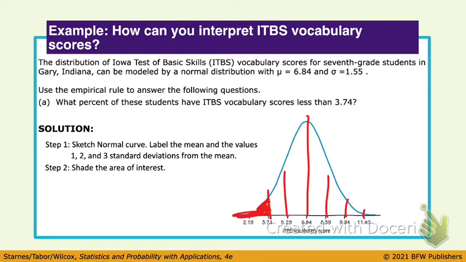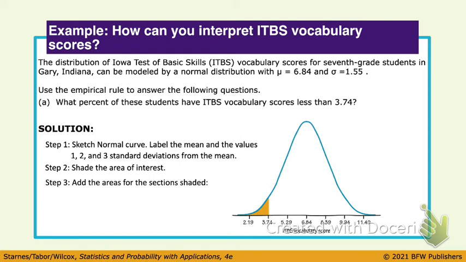And then all you got to do is add up those areas. So what is the percent of this tail, from 2.19 to negative infinity? That's 0.15. And then that second section is 2.35.